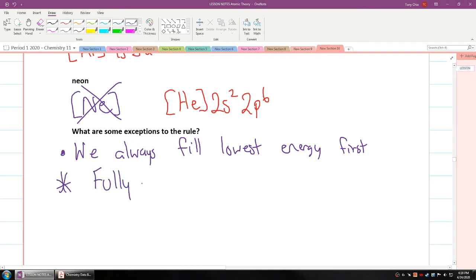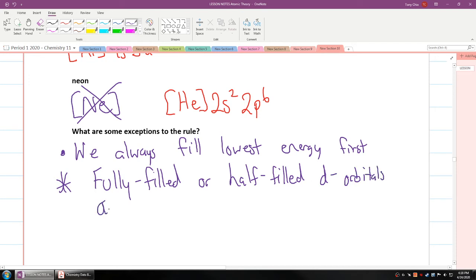Fully filled or half-filled d orbitals are lower energy than filled s orbitals.